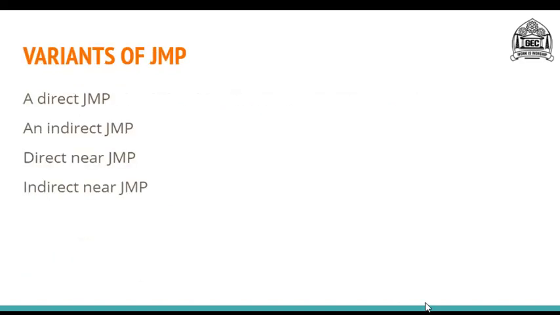So students, your jump operation basically performs in a similar way when it comes to the variants of the jump instruction. It only differs in how the address, that is the destination address, is calculated to perform the jump. So the first variant of unconditional jump instruction is a direct jump instruction.